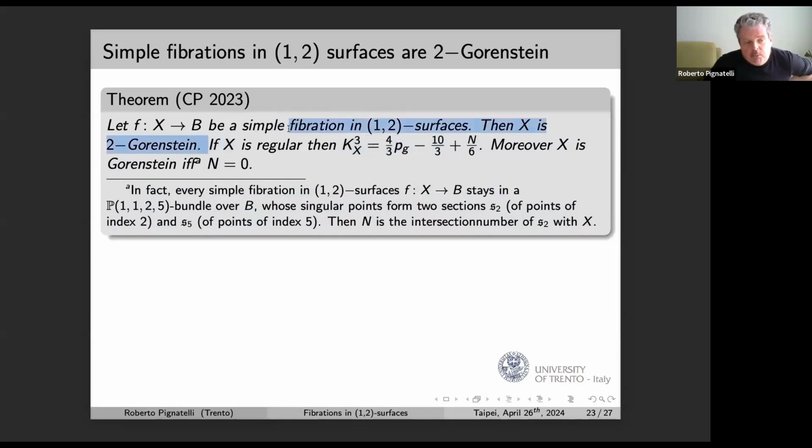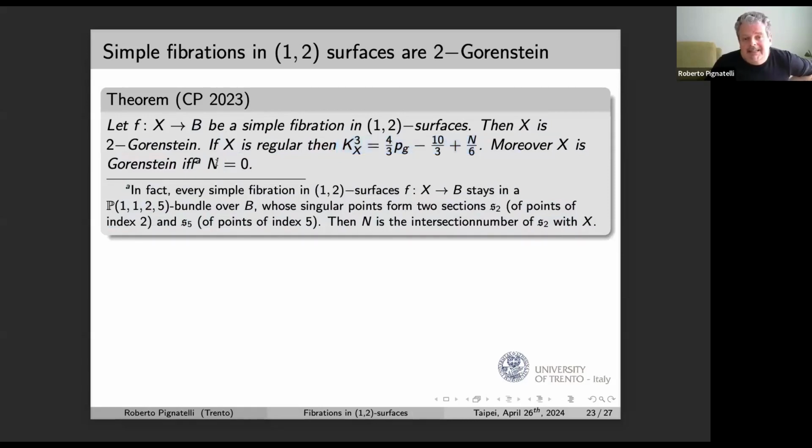For a simple fibration in K3 surfaces, if regular, which in fact is a simplification here, we can state something similar in the non-regular case, but regular means the base is P1, and otherwise the formula changes. But if I assume regular, then I get the volume 4/3 PG minus 10/3 plus 1/6 of the number of non-Gorenstein points counted as usual, possibly with some multiplicity.